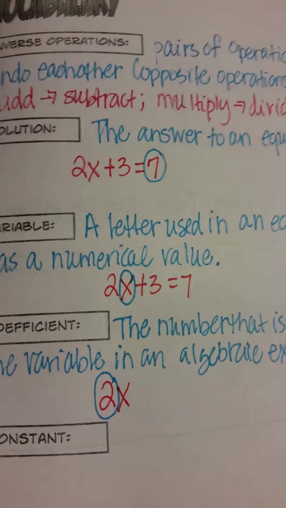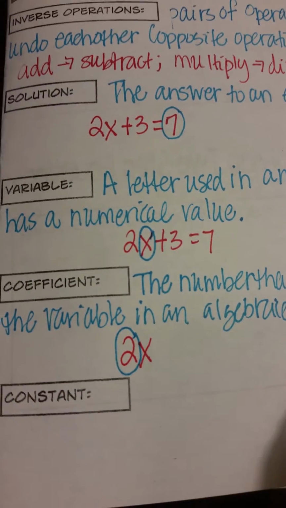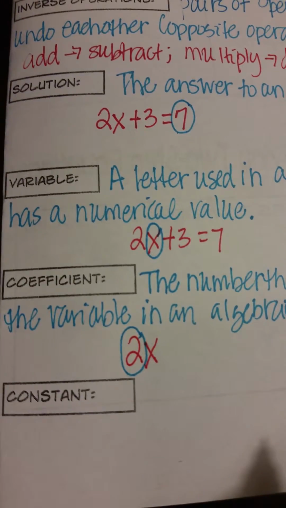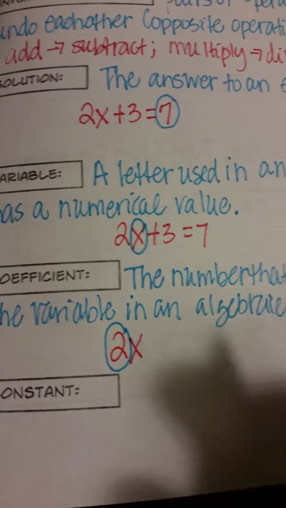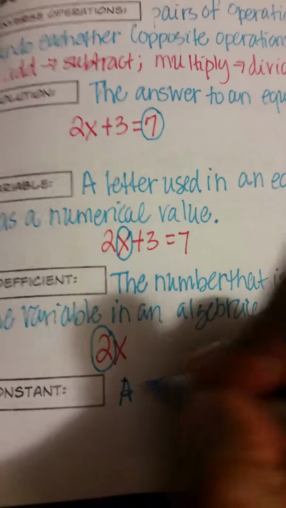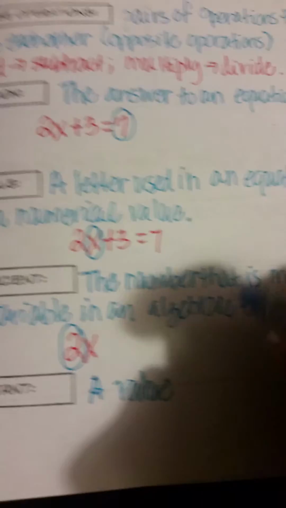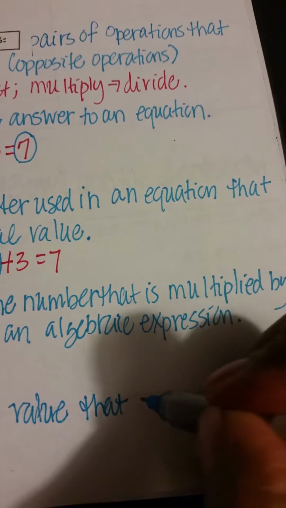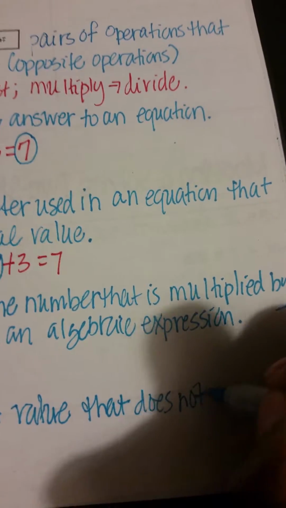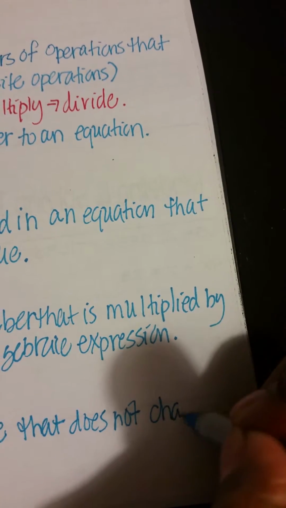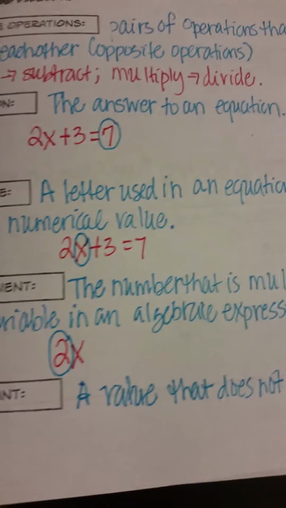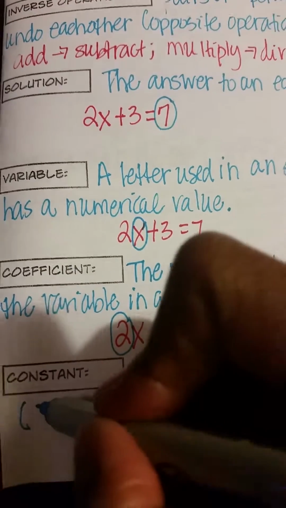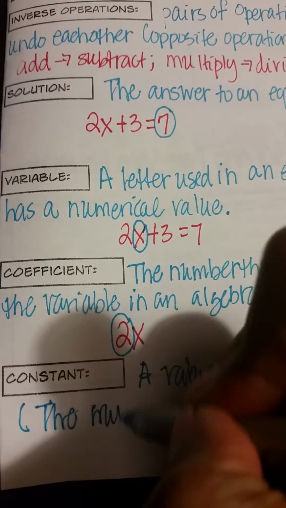Okay, and our last vocabulary word would be constant. Okay, we know when something is constant, it does not change. So here, a value that does not change is the number not with the variable. Okay, so a value that does not change, and in parentheses I'm going to put the number not with the variable.